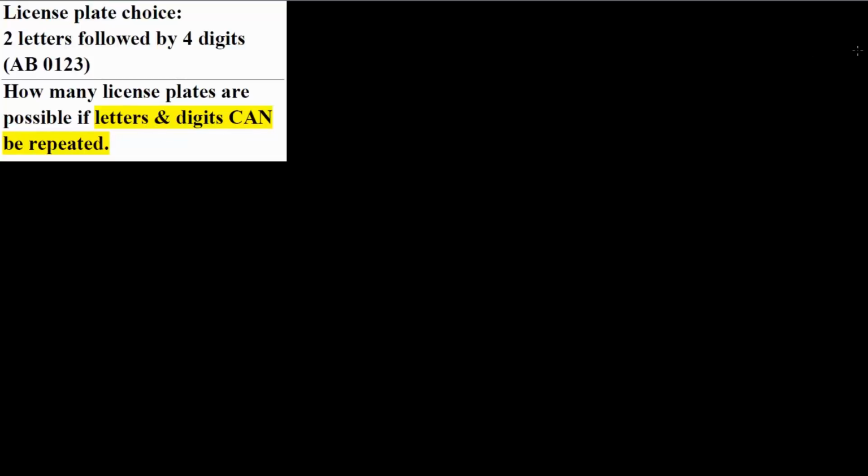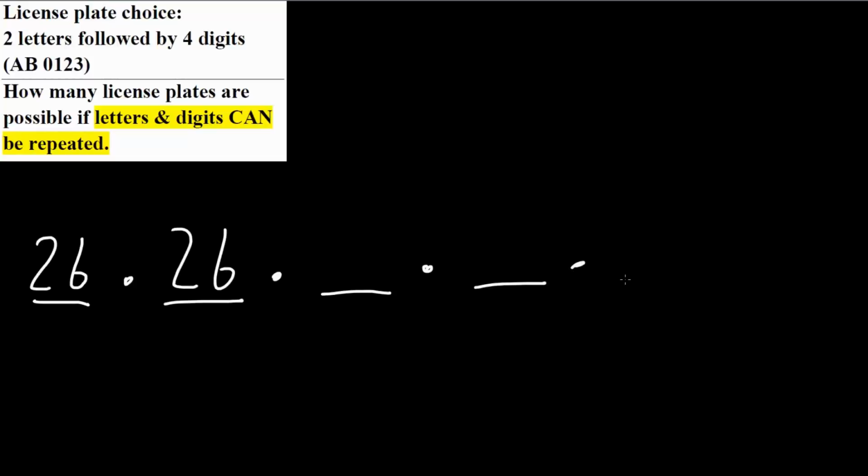So let's think about it. How many letters are there in the alphabet? We should know that it's 26 letters. So we have 26 possible choices for this, and we have 26 possible choices for this. Times, we're multiplying to give us the total number of choices. Now we do the same thing for digits. How many possible digits are there between 0 to 9?